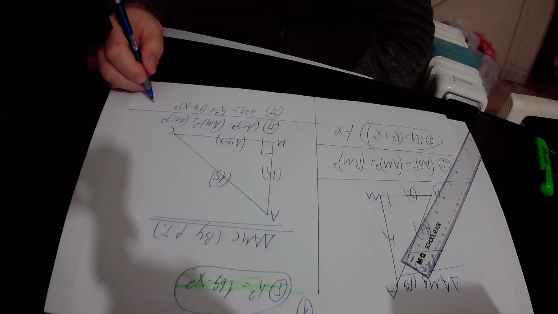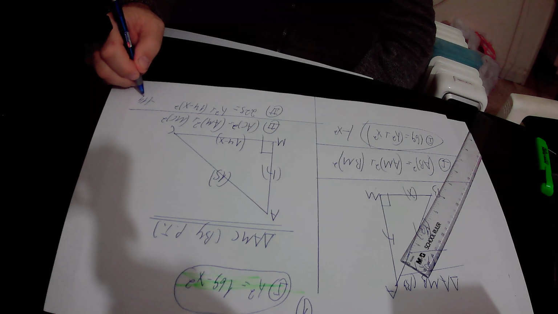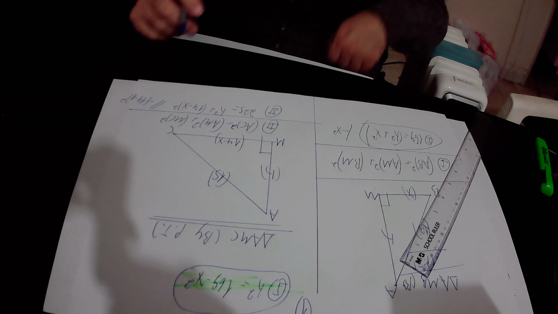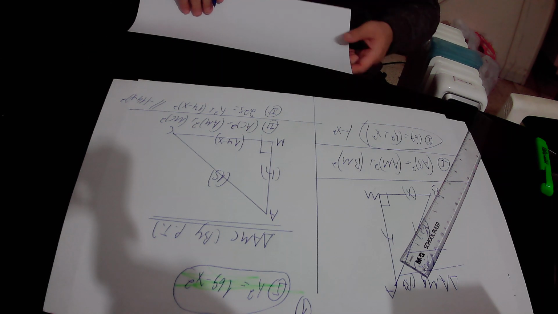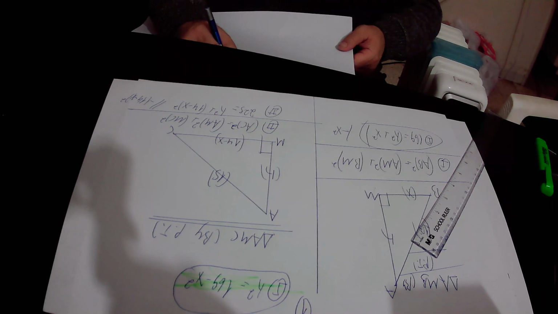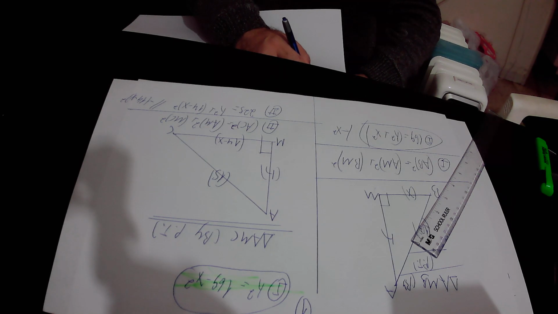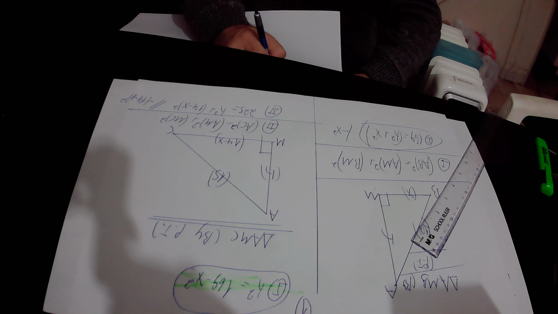Here we subtract (14 minus X) square from equation number 2, and we get that according to equation number 2, H square equals 225 minus (14 minus X) square.